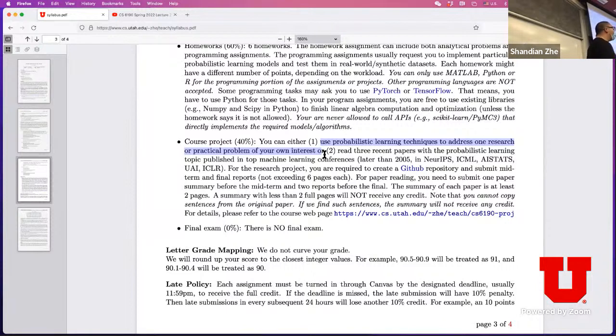Yeah, perfect. I'm really happy to see that. I'm actually curious to see what kind of problems you're interested in addressing using probabilistic learning techniques. That's something I'm excited about. Or you can choose whatever other problems you want. Later, when we go to the course webpage, we're going to discuss it a little more in detail.